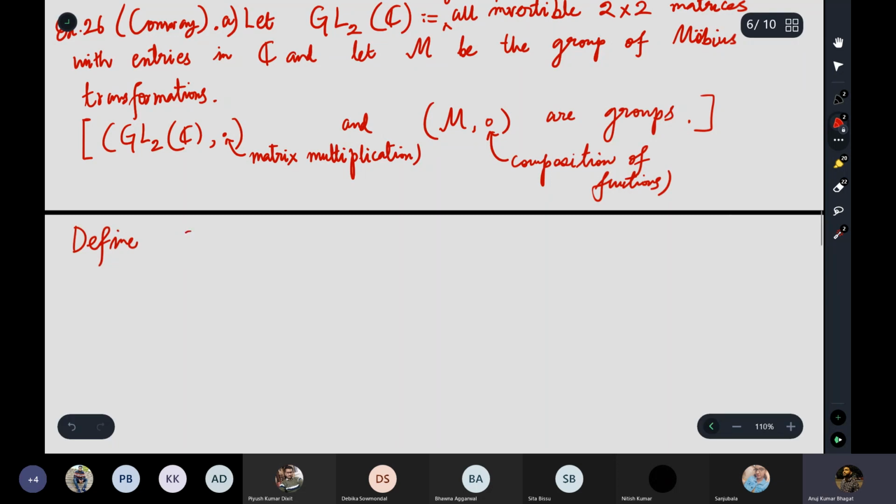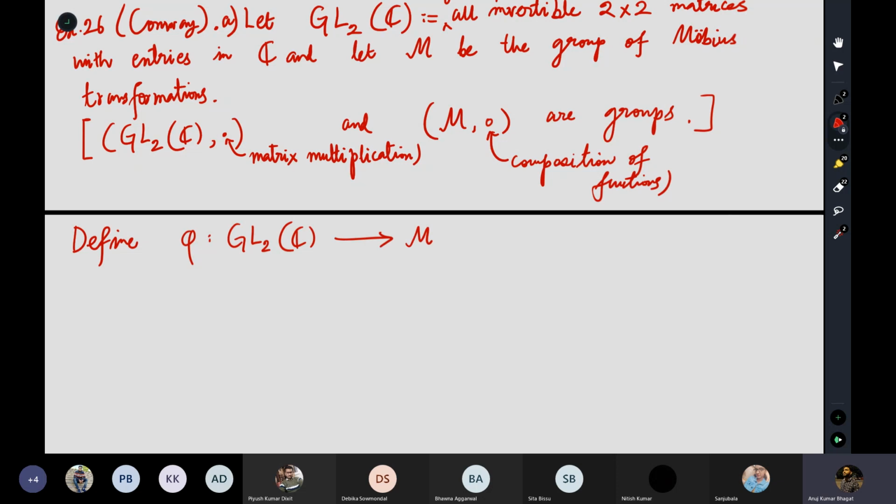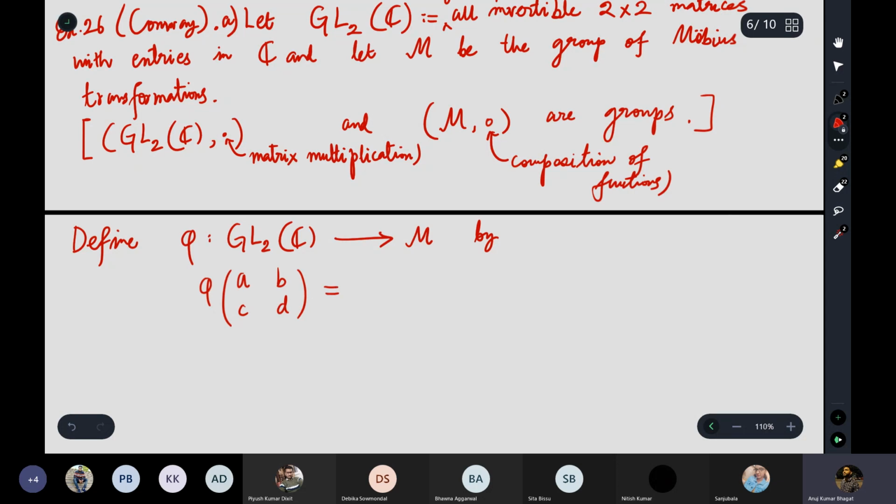We are defining phi from GL2C to M. We'll pick up an invertible matrix, so phi at (A, B, C, D), we are sending this to a Mobius transformation (AZ plus B) by (CZ plus D). Right?